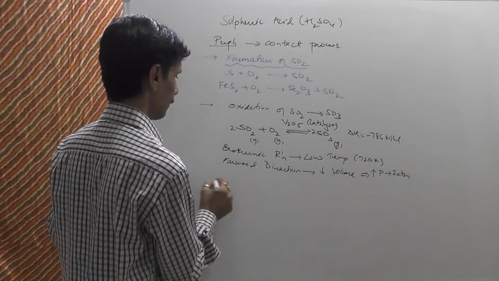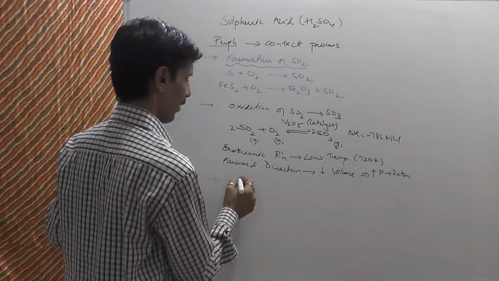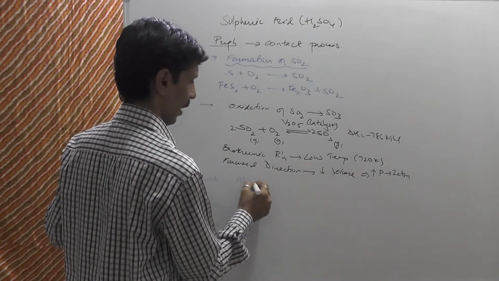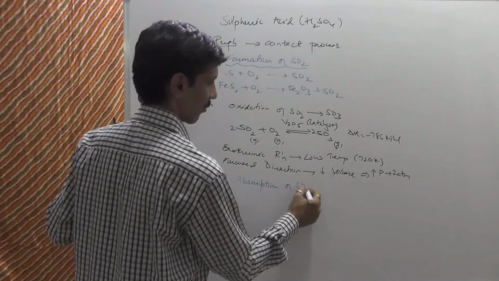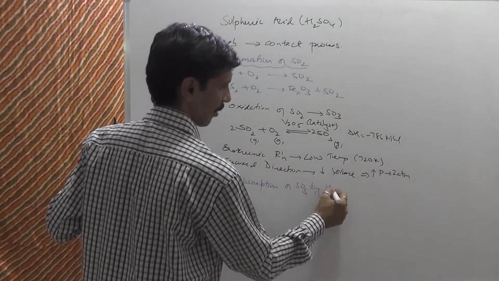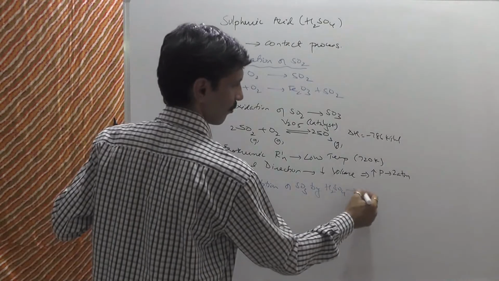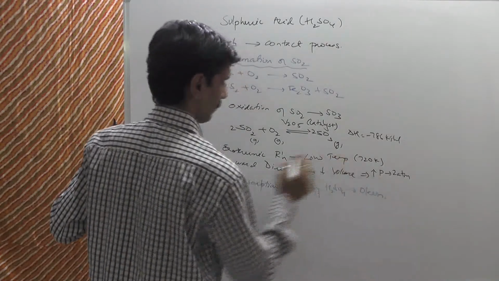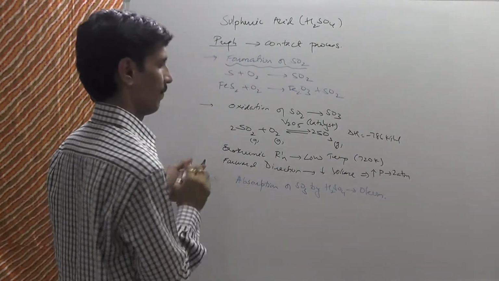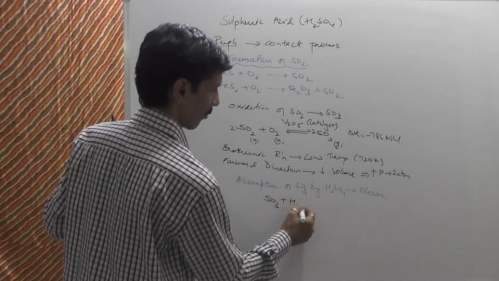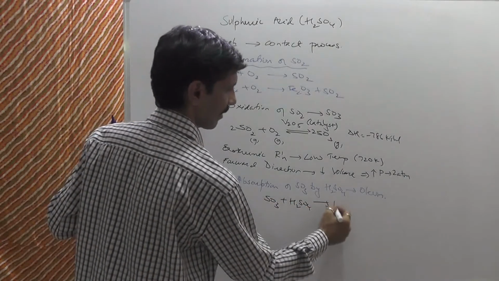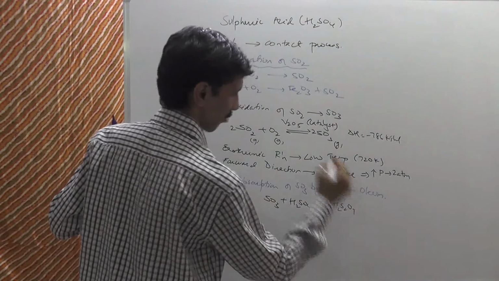Next one is the sulfur trioxide जो हमें मिला है, so absorption of sulfur trioxide by sulfuric acid and it gives you oleum. Okay, वो क्या देगा आपको? Oleum देगा. So SO3 plus H2SO4, it results in the formation of H2S2O7.